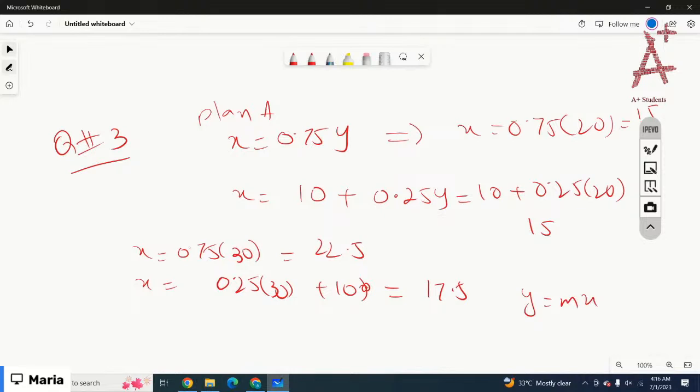That means it is direct. And for plan B the equation looks like mx plus b. That means plan A is the direct variation and plan B is the partial variation. Got it?